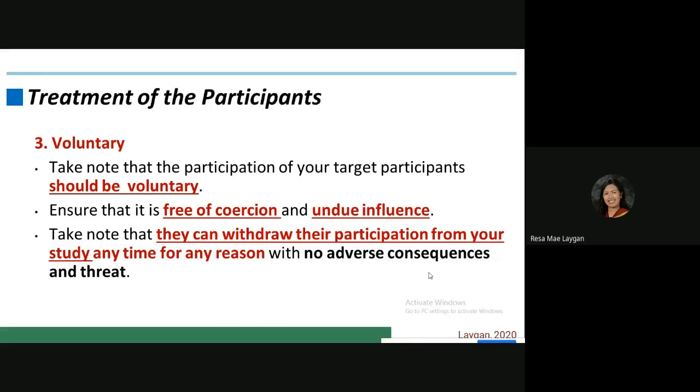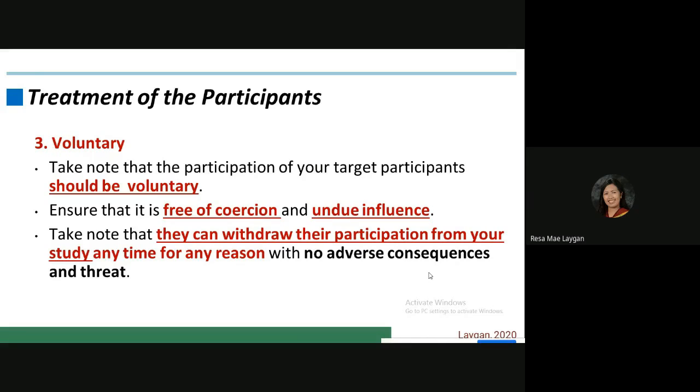And another thing, it's a big no-no to conduct a survey and then pay, giving 20 pesos, for example, to the participant just to answer your survey. That is not advisable.